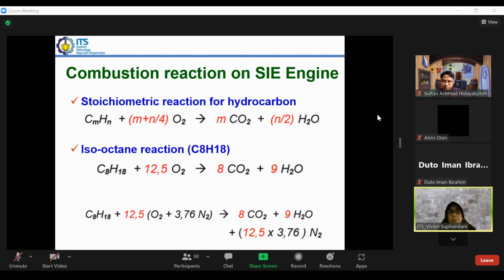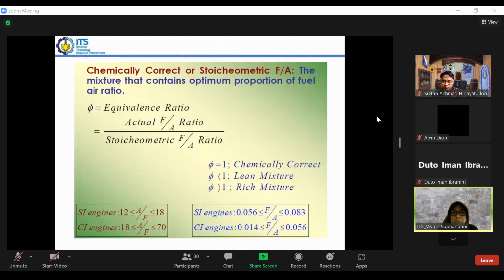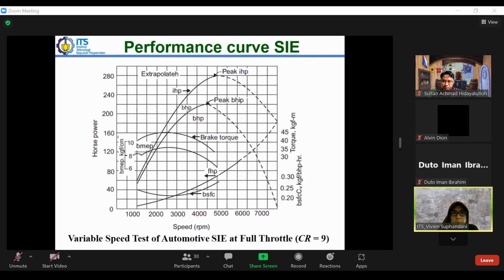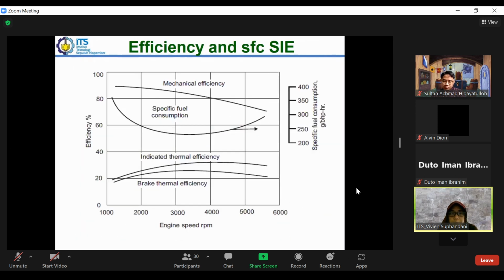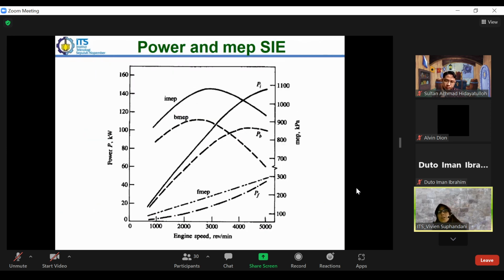Okay, and this is the combustion reaction. I think we discussed that last week, so this is just a review. We have seen the performance chart. Overall, the power will increase and then decrease again.